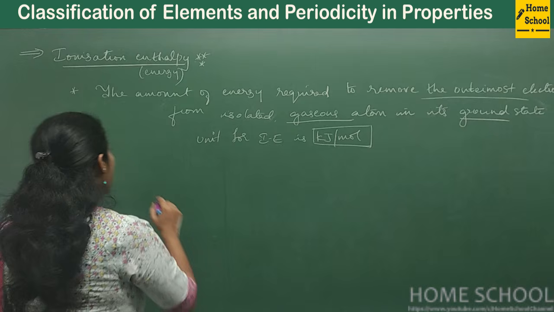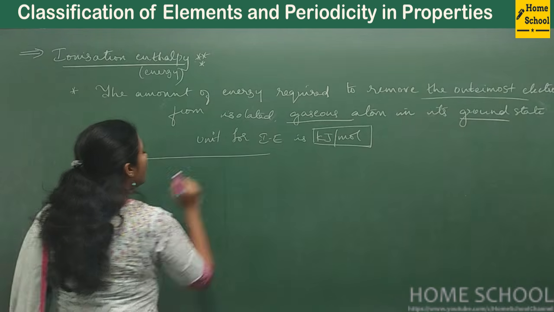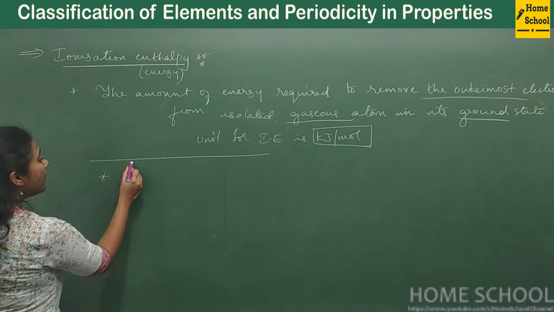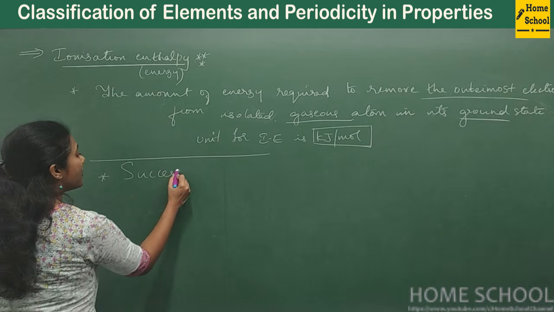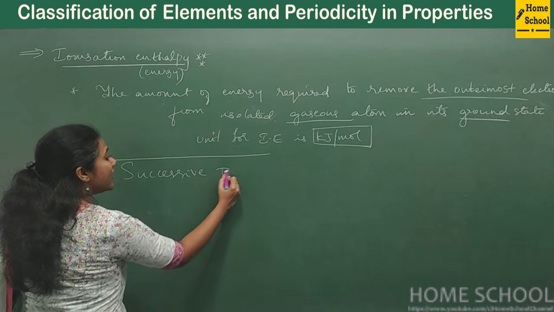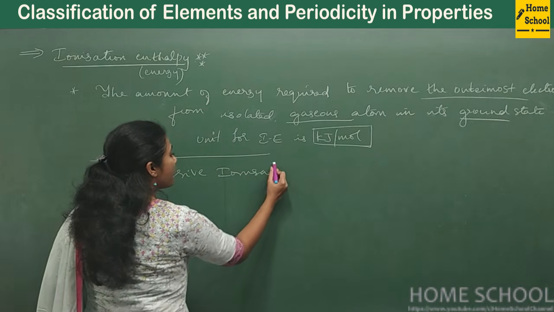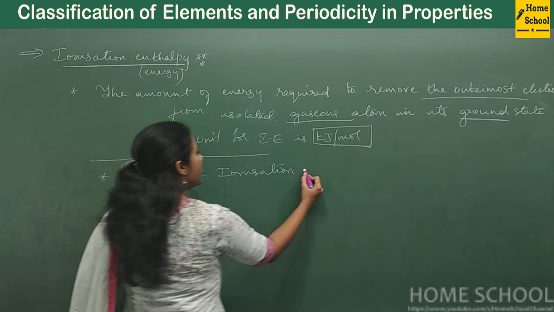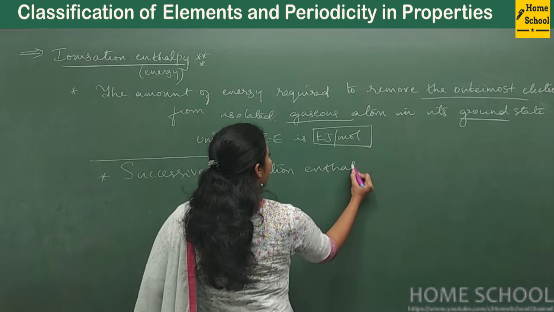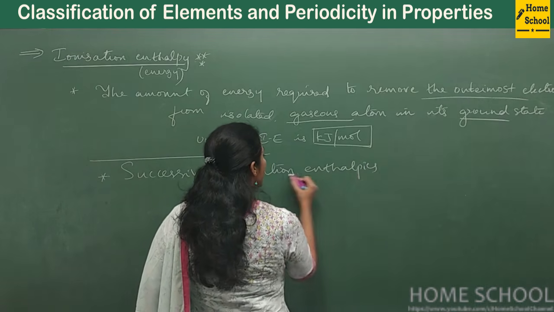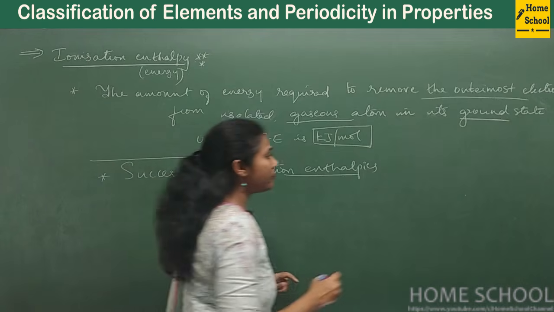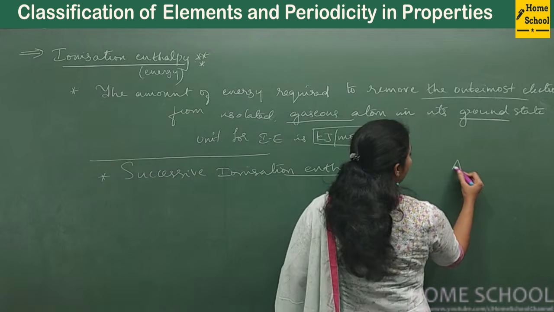Now let us try to understand what we mean by successive ionization enthalpies. See, this is very simple. Just try to observe. You have aluminium.